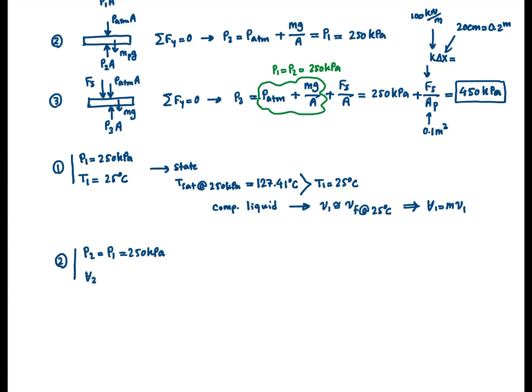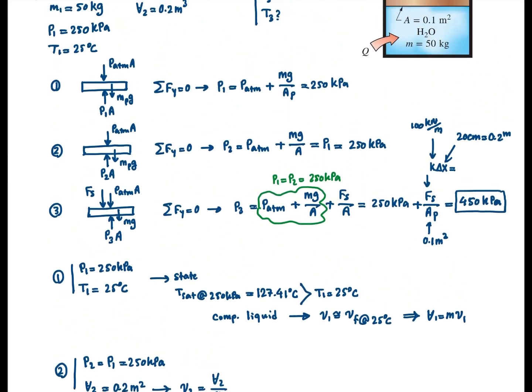and volume is given in the problem statement. So again, I just need to determine the state. Based on the definition of the state postulate, we need two independent intensive properties. Extensive property, or volume, is given, so I'm going to convert it to an intensive property. Specific volume is volume divided by mass. We are dealing with a closed system, so mass remains constant.